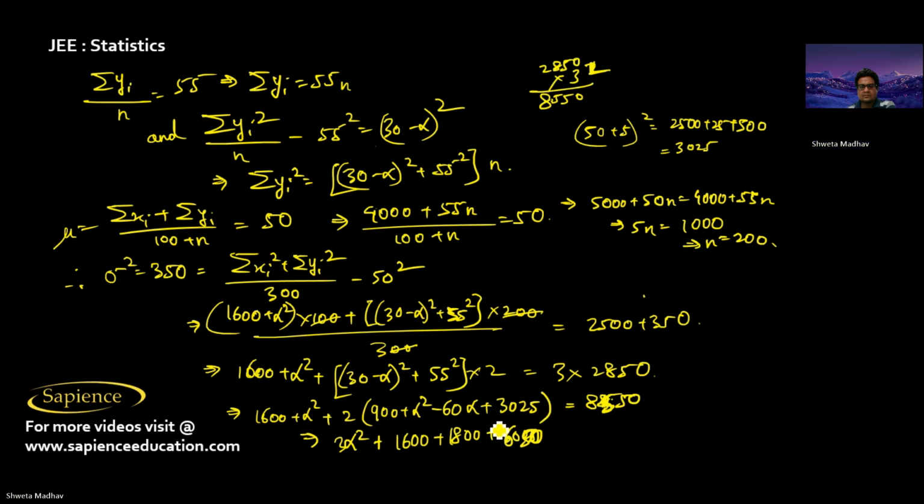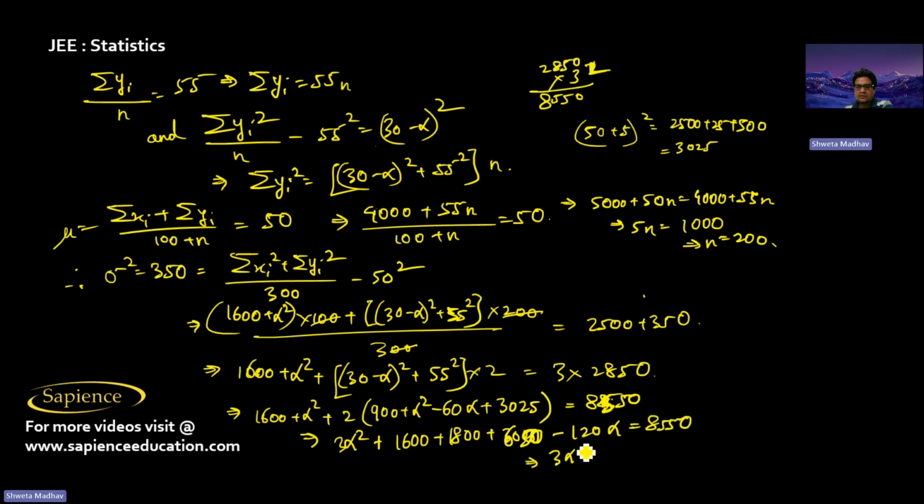So then minus 120 alpha, that is equal to 8550.